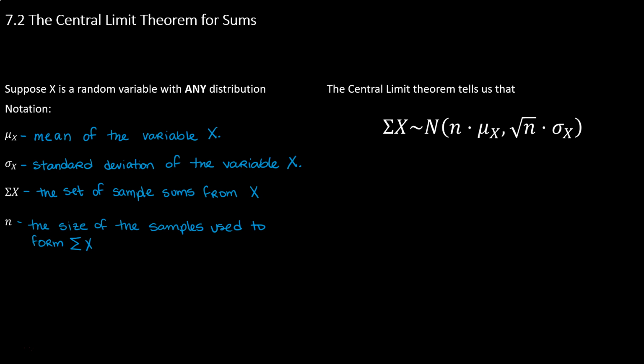We need the mean from the original variable x, so we need mu sub x. We need the size of the samples, and we also need the standard deviation from our original variable. So with those three things, we can figure out the parameters for this new variable, the capital sigma capital X.